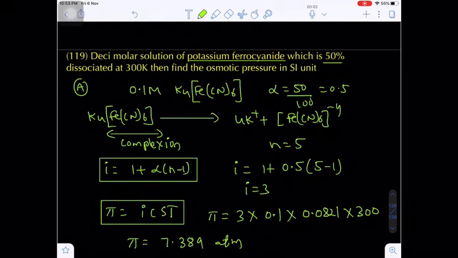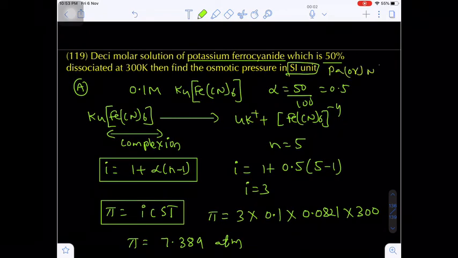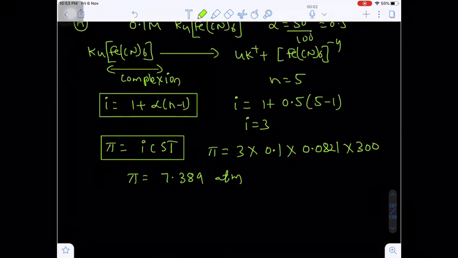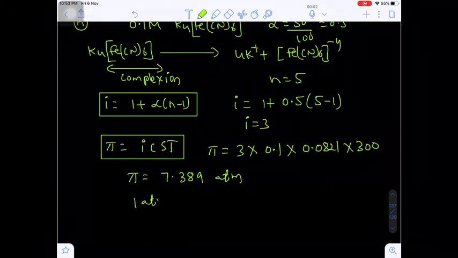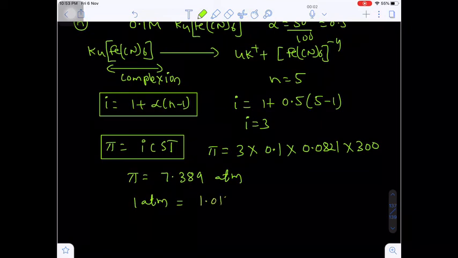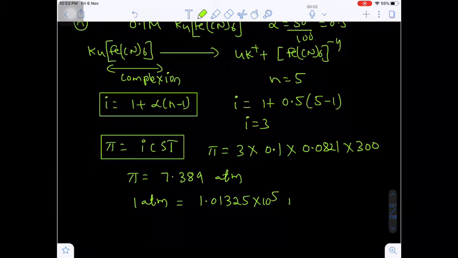But in the question, find the osmotic pressure in SI unit. SI unit is nothing but Pascal, otherwise Newton per meter square. So we know 1 atmosphere value is 1.01325 into 10 to the power 5 Newton per meter square, otherwise Pascal.